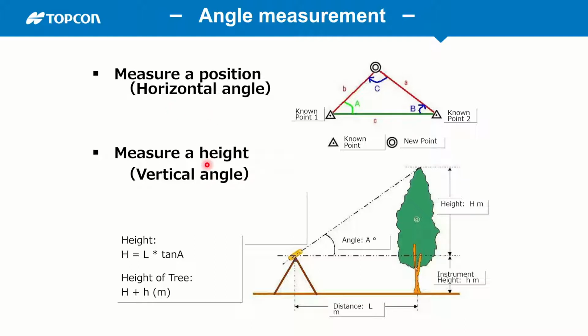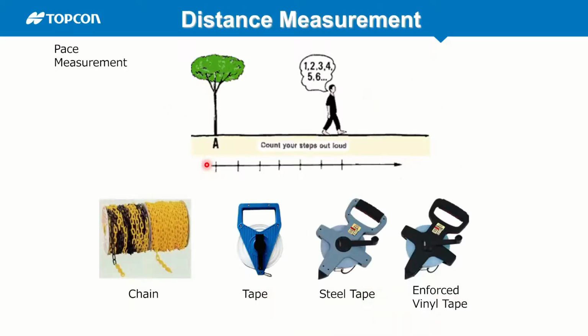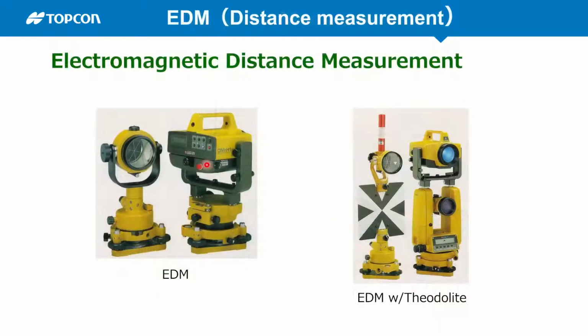When it comes to measuring distance, the user has to use either a chain or a tape to do the measurement. So it is very messy and time consuming. In order to solve all this hassle, we came up with the invention of the EDM, and we installed the EDM on top of the theodolite.